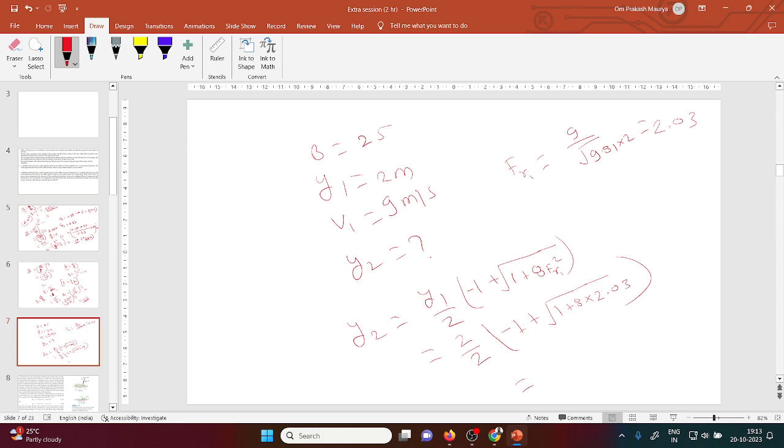Now we'll calculate these things. Minus 1 plus root under 1 plus 8 into 2.03 squared. It will come 3.15.